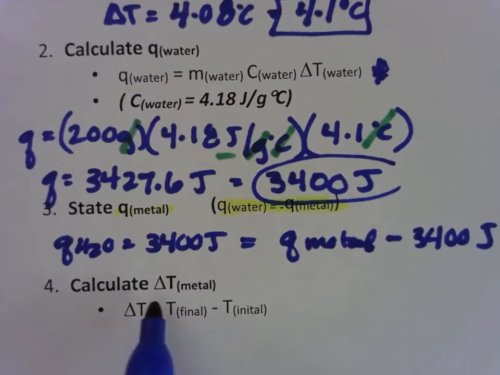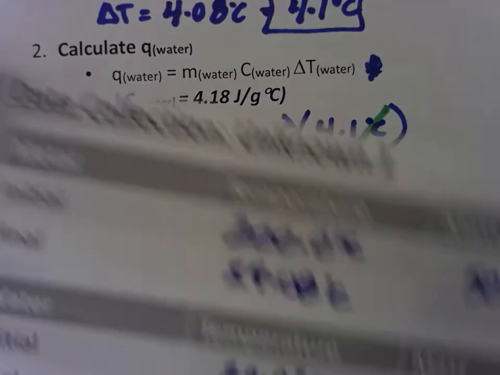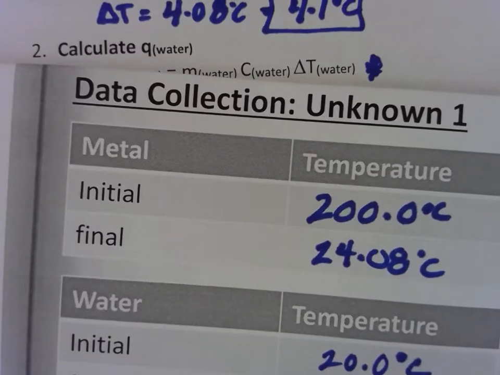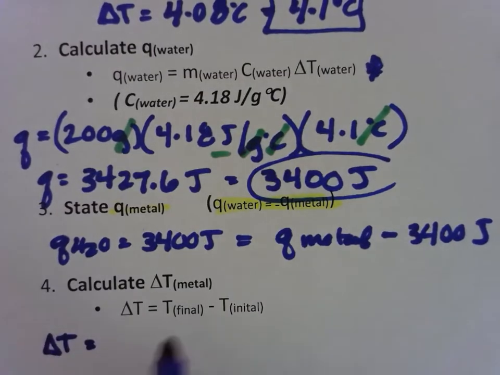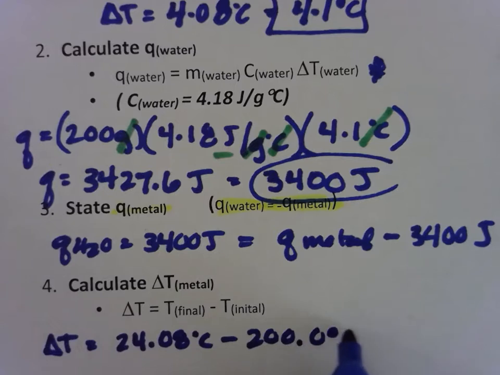We calculate the change of temperature for the metal. The change of temperature for the metal is right here. We've got the final and the initial. So delta T metal is going to be 24.08 degrees Celsius minus 200.0 degrees Celsius.